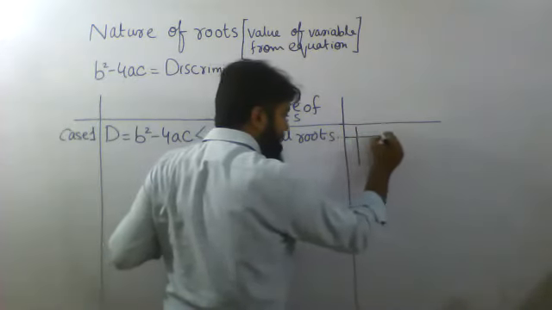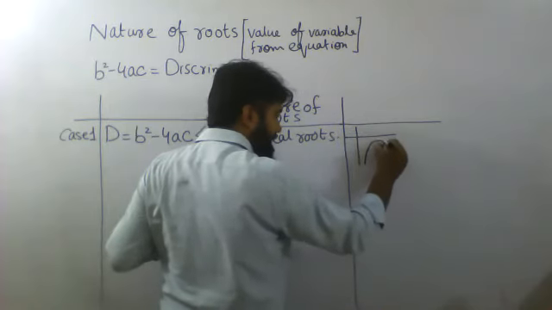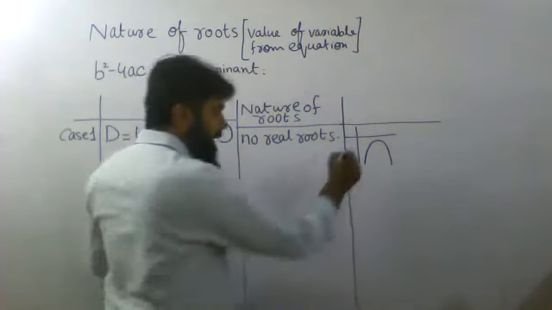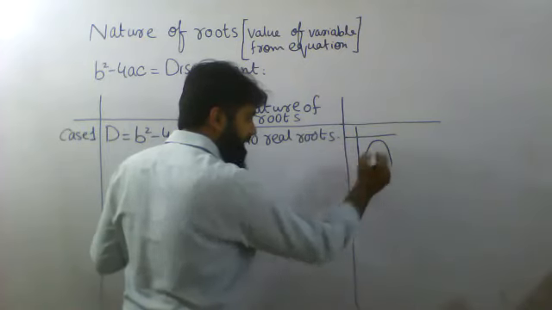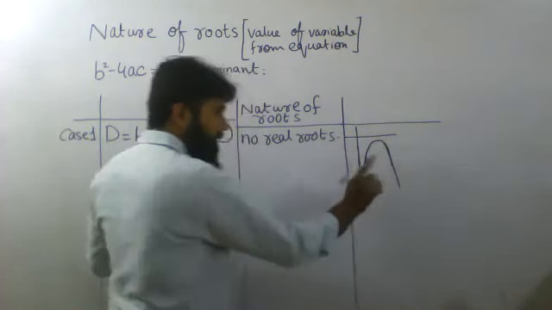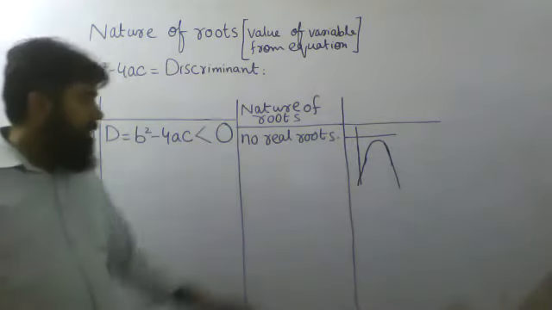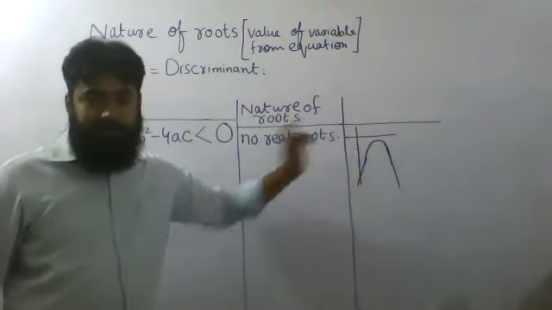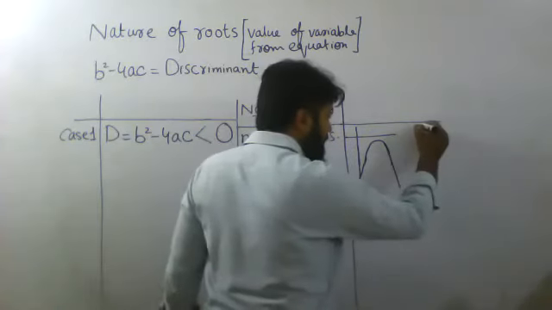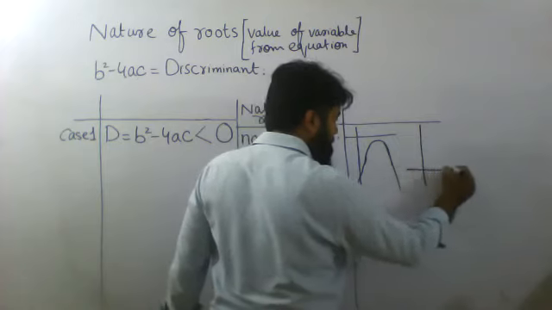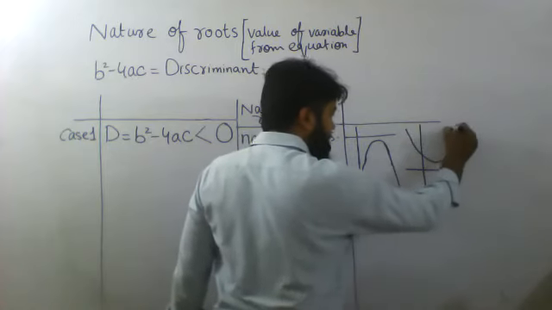You can have two types of graph. Either this type of graph will be there, in which it will be intersecting with the y-axis, a y-intercept will be there, but it will not intersect with the x-axis, either in this form or in this form.